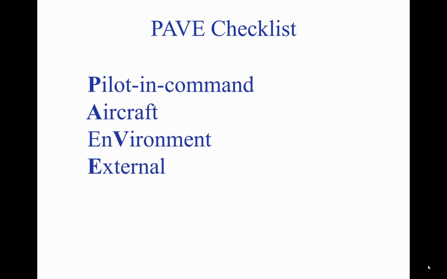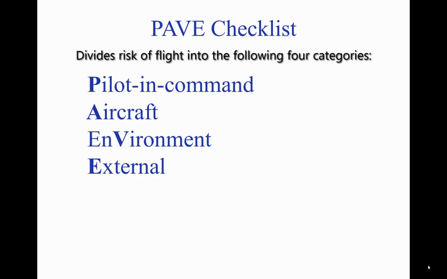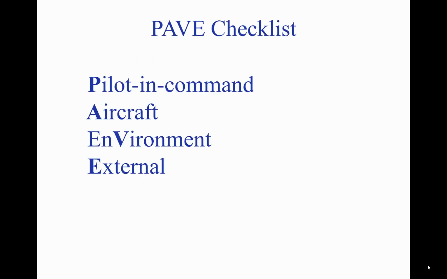The PAVE Checklist. Another way to mitigate risk is to perceive hazards. By incorporating the PAVE Checklist into pre-flight planning, the pilot divides the risks of flight into 4 categories: pilot in command, PIC, aircraft, environment, and external pressures, PAVE, which form part of a pilot's decision-making process.